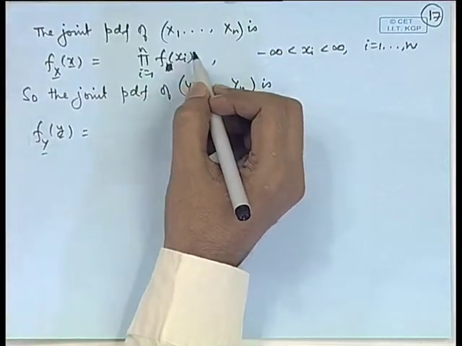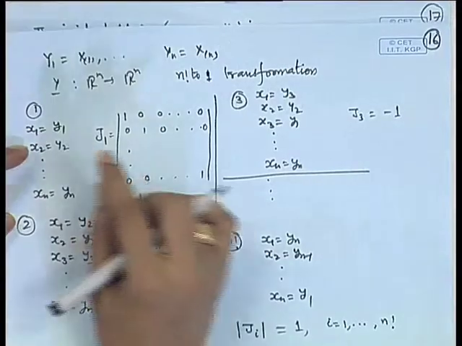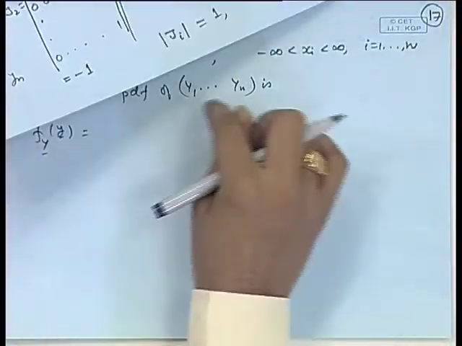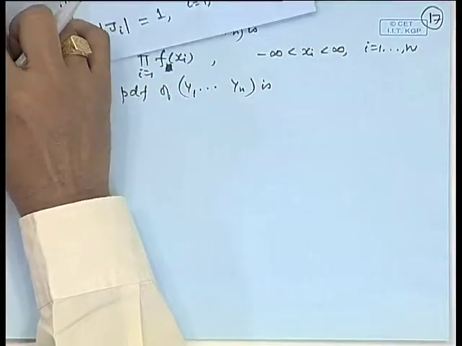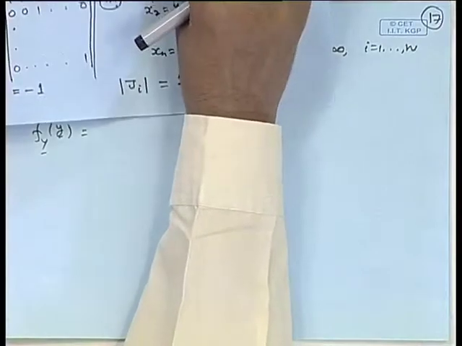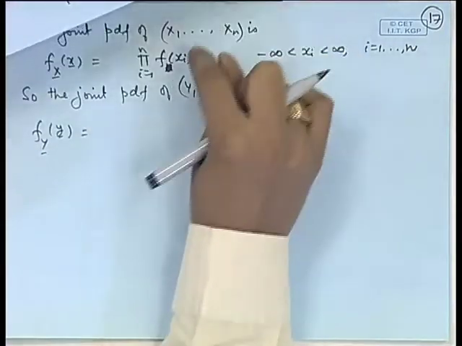Now, in the first region we will substitute x i equal to y i, multiply by 1. In the second region we will multiply by 1 and substitute x 1 equal to y 2, x 2 equal to y n, etc. Notice here that in each of the cases it is only a permutation of y 1, y 2, y n.